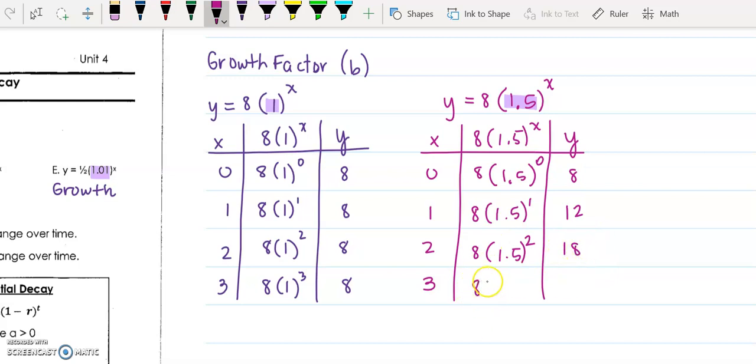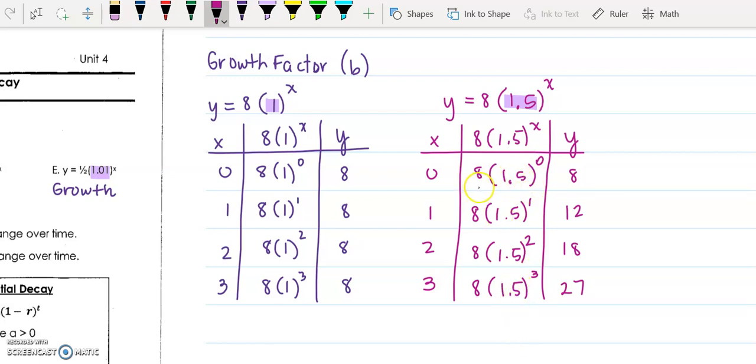And then finally 8 times 1.5 to the third is 27. Let's take a look at what's happening here. These values are growing because it's taking 1 times 8 plus an additional amount that we've added to each one.